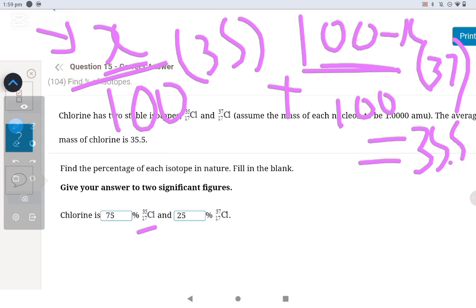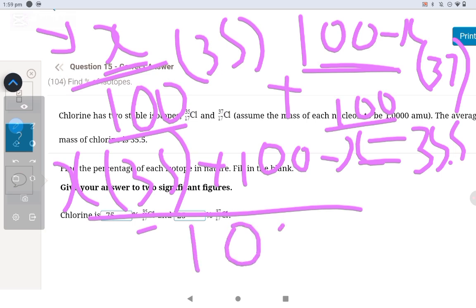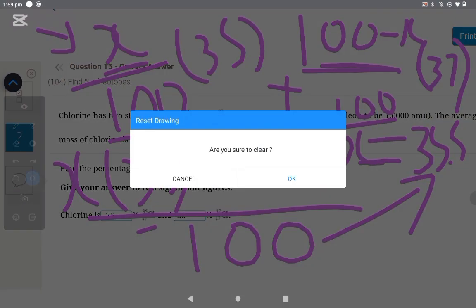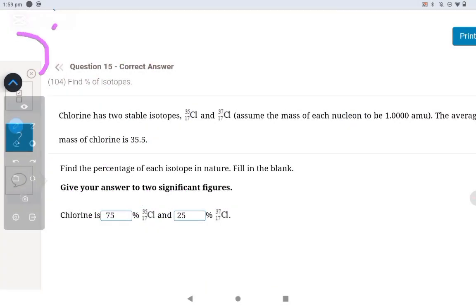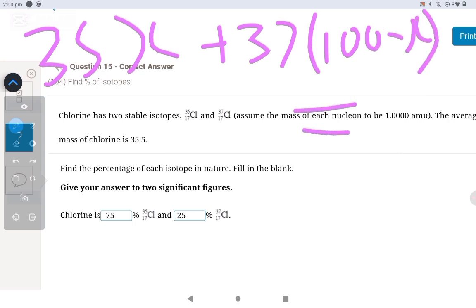Now we can do the math. There is a denominator of 100 on both sides, so we can multiply it across. It's going to be 35x plus 37 times 100 minus x is equal to 35.5 times 100.